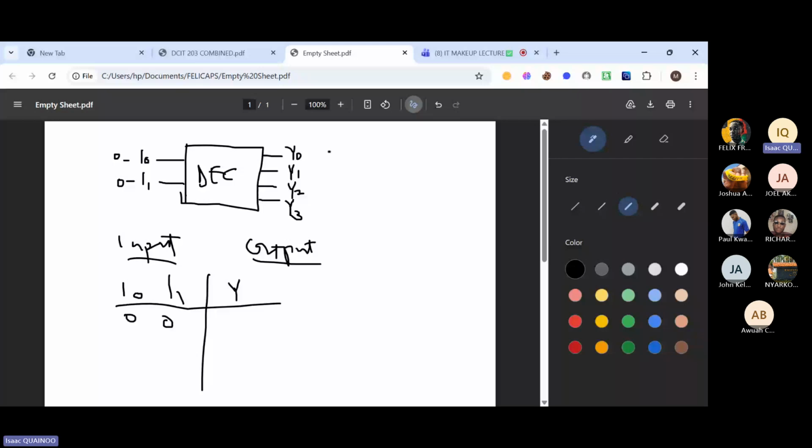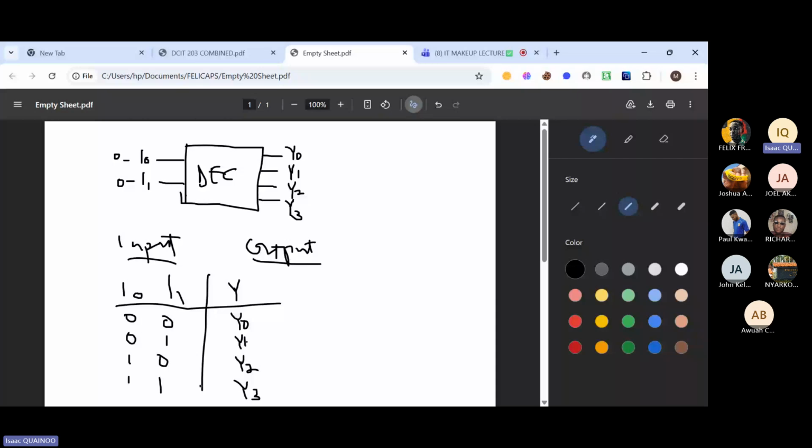If it is 0, 1, then Y1 will be high. If it is 1, 0, Y2 will be high. And if it is 1, 1, then our output Y3 will be high.